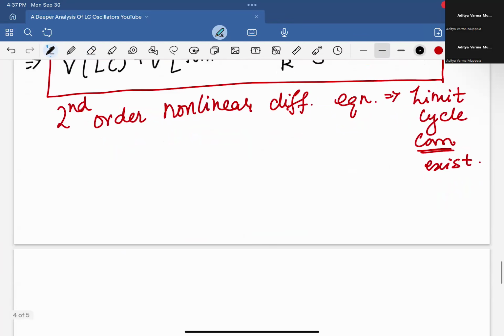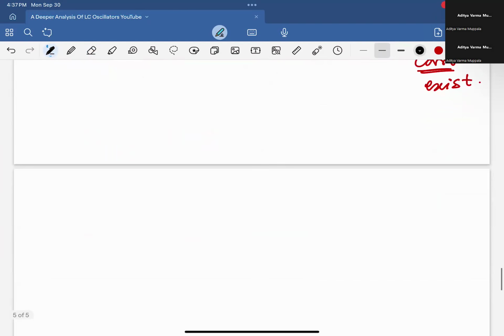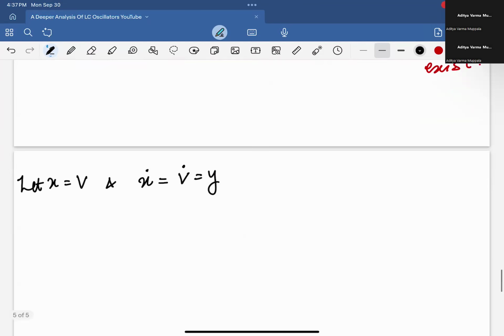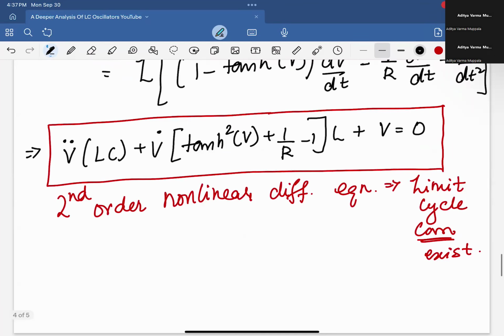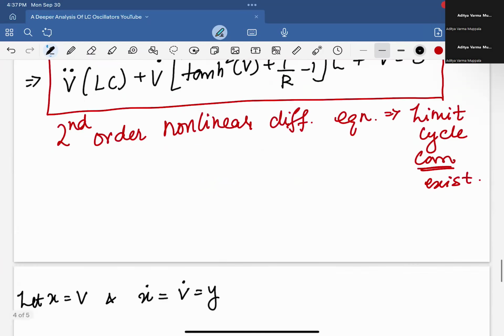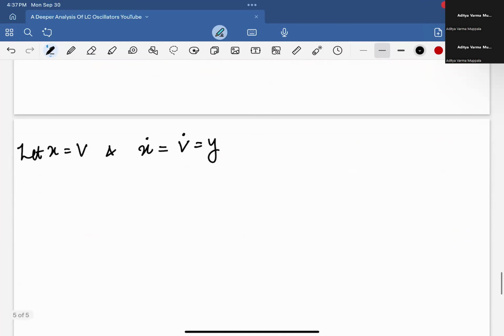So how do we do that? Okay. So I'll say x, I can write as, let x equal to V, and x dot, which is V dot, equal to y. Okay, so since it's a second order differential equation, you can write it as two coupled first order differential equations, and that's kind of what I'm doing here, right?